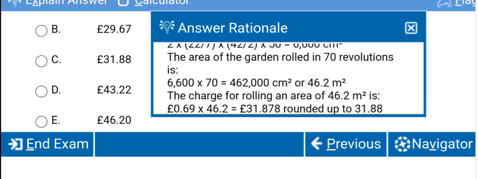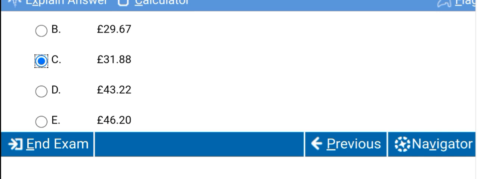So the charge for rolling an area of 46.2 meters squared is 0.69 pounds multiplied by 46.2 equals 31.878 pounds, rounded up to 31.88. So here we have the correct response, option C.